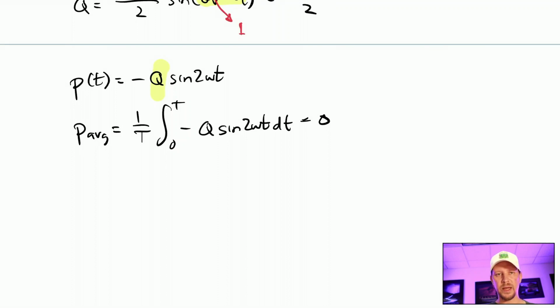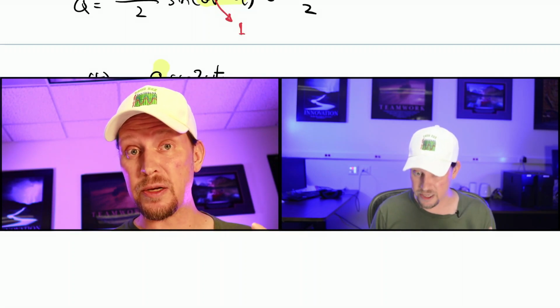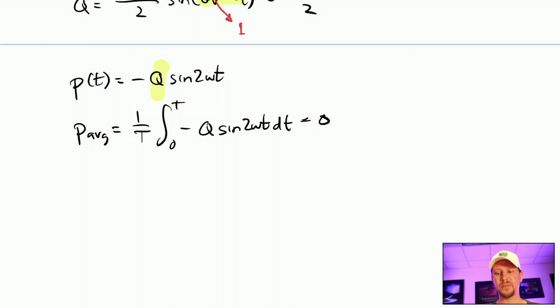And this is one of the reasons why we say that inductors can store a certain amount of power and deliver it, but they can never generate their own power. And that's an extremely important property of inductors, right? They can never generate power. They can store a certain amount of power and then release it back into the circuit at a later time. But they can't actually do any real work on the circuit. And in the next one, we'll take a look at purely capacitive loads.